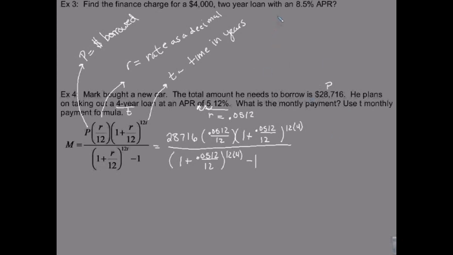Okay, we're going to use PEMDAS, so you're going to do parentheses first. Everything inside the parentheses is going to happen first. So the first thing I'm going to do is divide 0.0512 by 12. And this is going to be replaced with 0.0042 and a repeating 6.